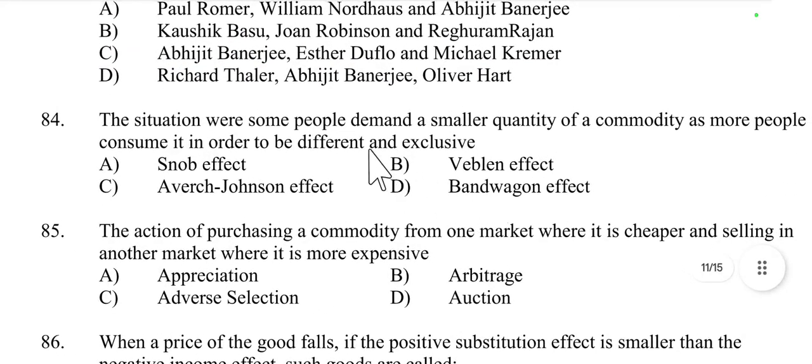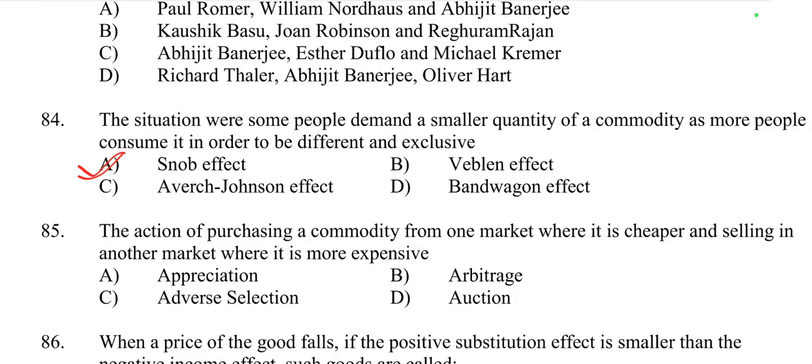Then question number 84. The situation where some people demand a smaller quantity of a commodity as more people consume it, in order to be different and exclusive, is called the snob effect. A unique product, a different or exclusive product. The snob effect refers to a situation where individuals prefer to consume less of a commodity as it becomes more popular, because they want to be different or exclusive.